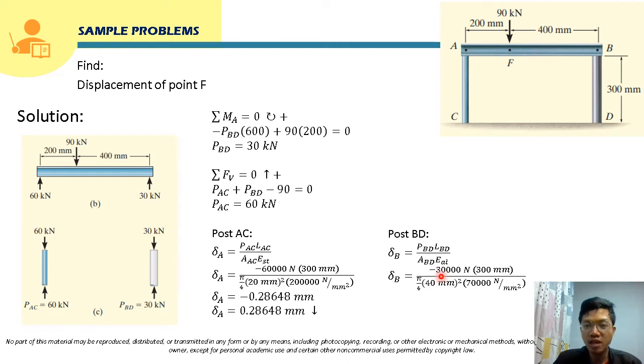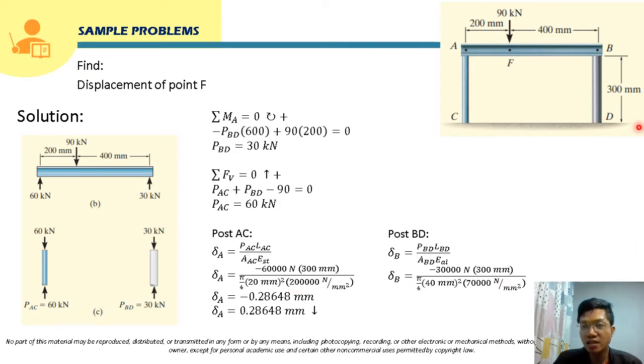For the internal normal force of post BD, if you cut a section at any point here, the internal normal force will be 30 kilonewton. This is in compression, so this will be negative, and we convert it into Newton, so this becomes 30,000 Newton. Its length is the same, 300 millimeter.